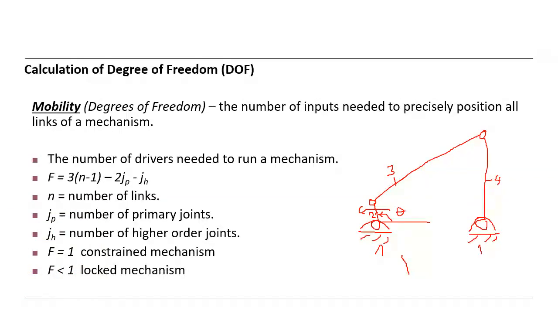So if we draft this one, the mechanism in that way, without fixing, without grounding, this is member 2, this is member 1, and this is member 3, and this is member 4. That means a 4-bar mechanism consists of 4 bars, and the joints are revolute joints, pin joints.